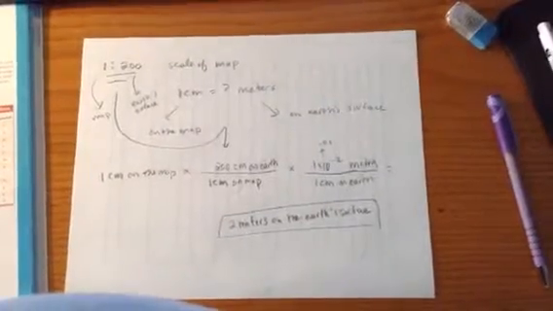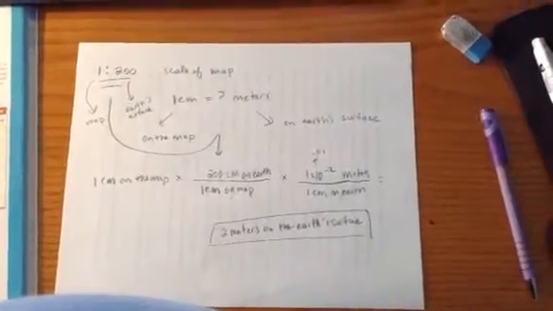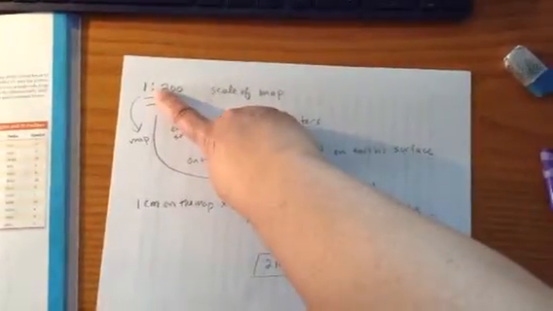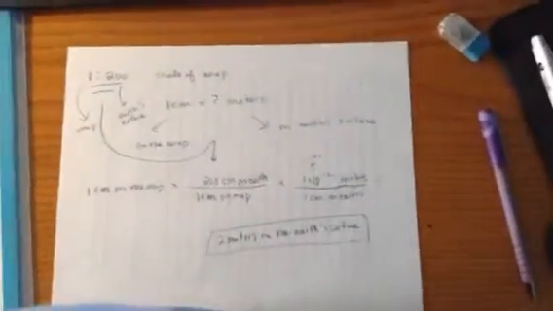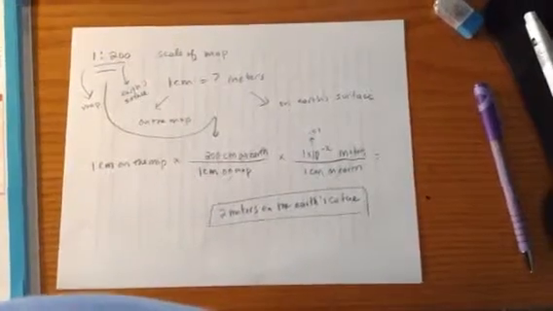Now, looking at our map scales, you'll see it up here: 1, and then a colon, and then 200. It's the scale of the map.